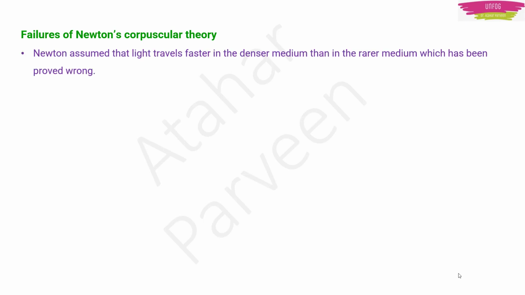For example, first, Newton assumed that light travels faster in a denser medium than in a rarer medium. Now this has been proved wrong. We know that light travels faster in a rarer medium and becomes slow when it enters a denser medium. If you have attended optics part 2, you will know it very nicely. So this was one of the points because of which Newton's corpuscular theory failed.